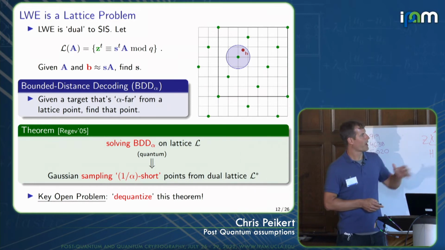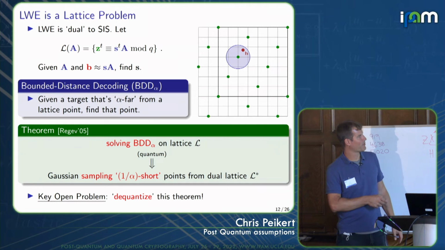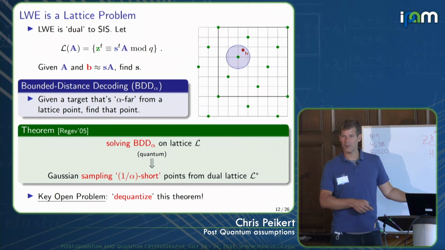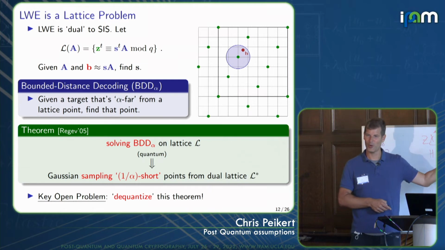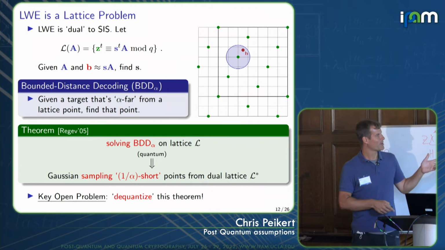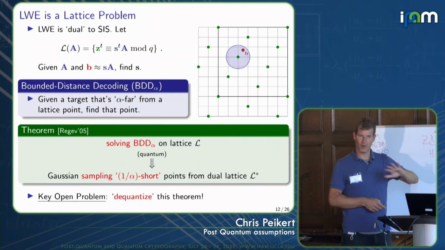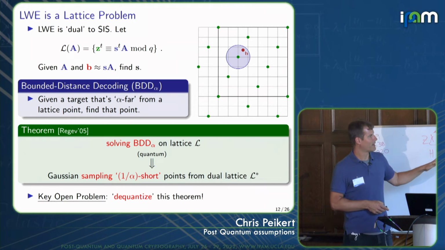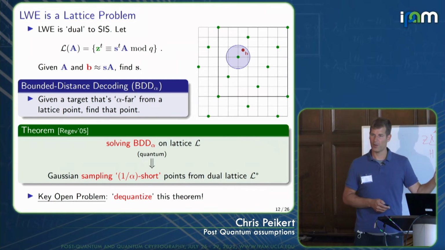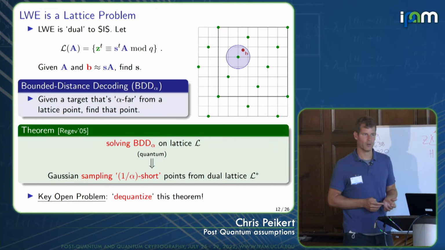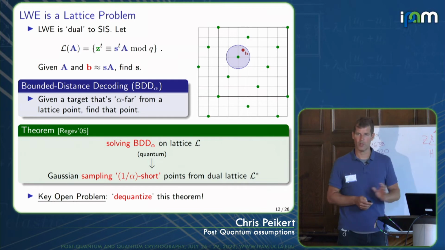Okay, you don't have to dequantize this theorem. In fact, I don't want to bias you. I don't want to lead you down an impossible road here. If you could do this, it would be kind of the silver bullet. But no, I don't think anybody has a good idea of how to do this. You might be able to dequantize this theorem in a different way, or dequantize this overall reduction in a different way, rather than doing it this way.